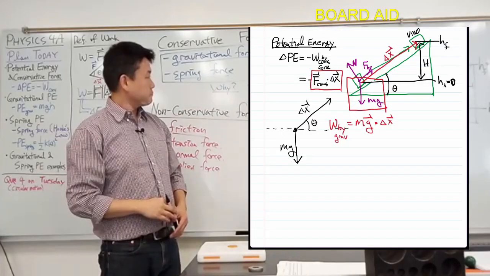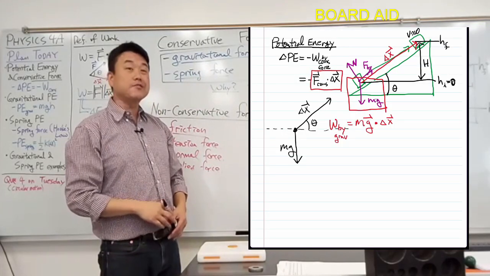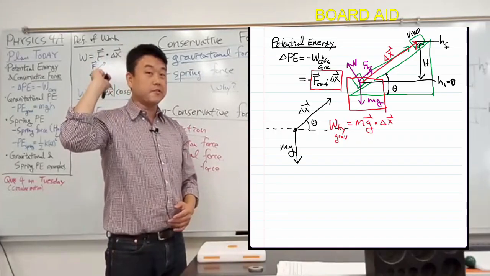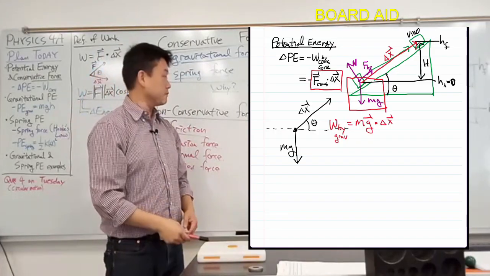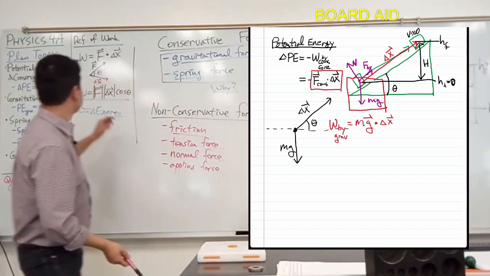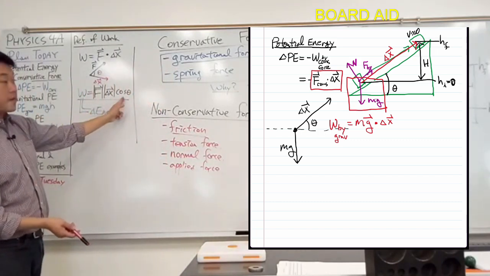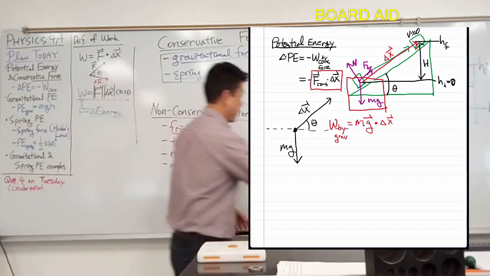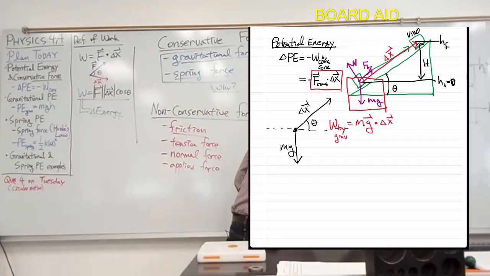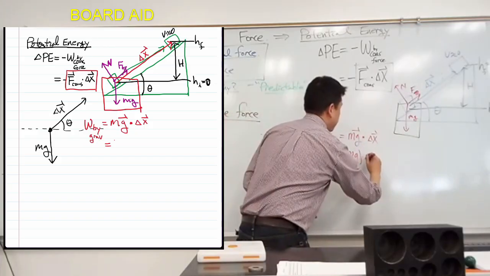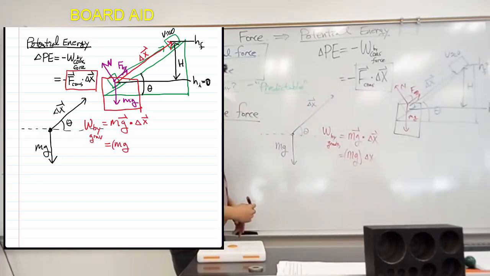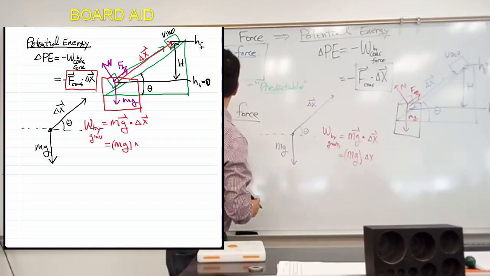I guess there are different ways to do it. Let me just try applying the definition straightforward. Like it says, mg cosine theta. So let me just do that. Mg, so that's the magnitude, times the distance, delta x, times cosine theta.